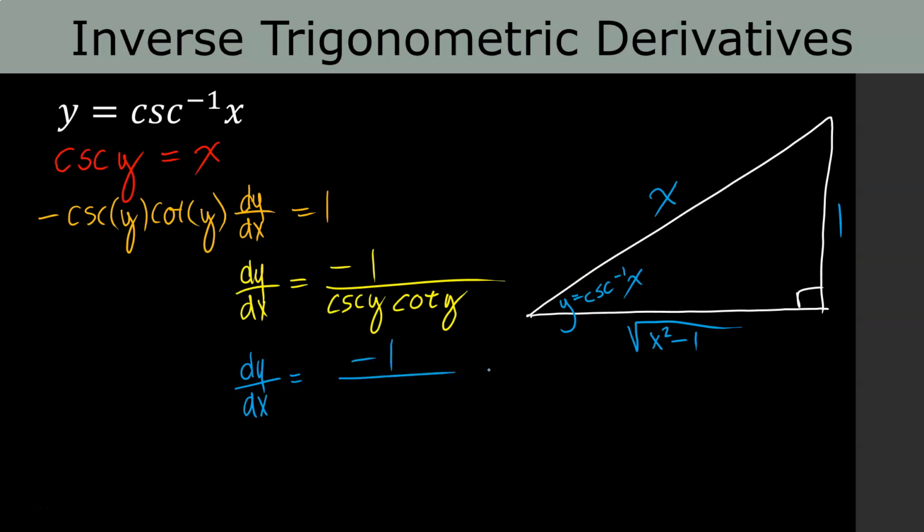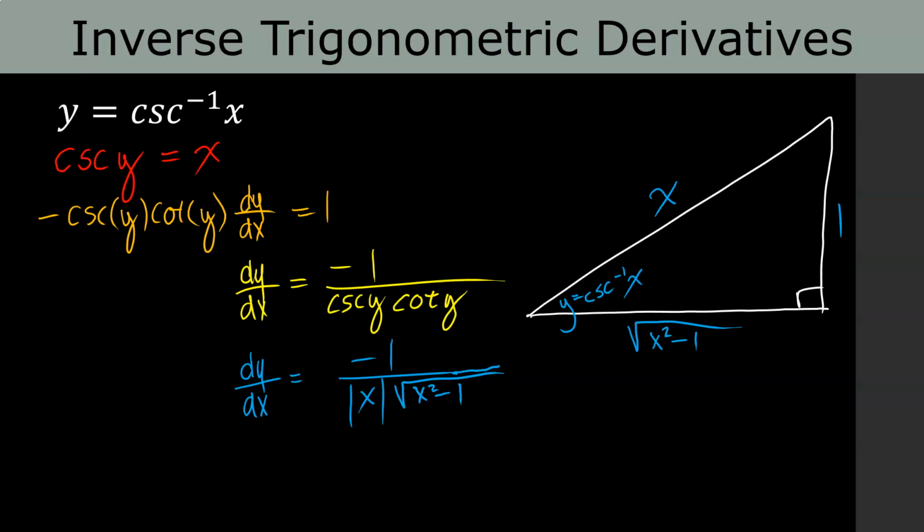So let's see, dy dx. Cotangent y is going to be the adjacent side length divided by the hypotenuse. So just the square root of x squared minus 1. Very similar to the last one. And we already have a cosecant of y is equal to x. We'll make that replacement. And we also need some absolute value there on the x because inverse cosecant actually only has negative slopes everywhere.